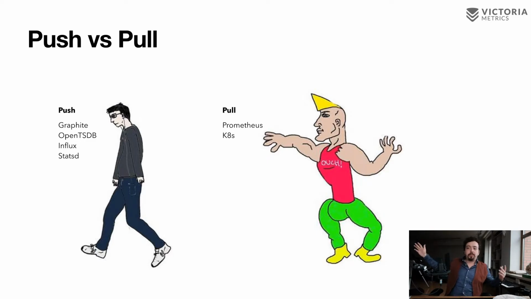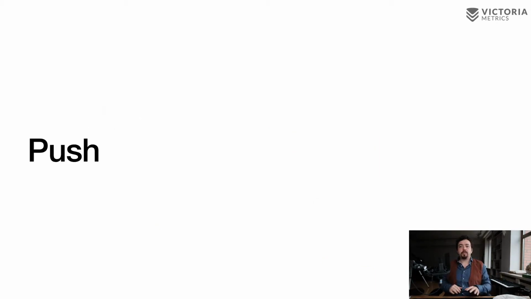And everyone uses Prometheus because it's modern, but not a lot of people think about the differences and about choosing. So let's first understand why Prometheus and pull is so popular. Let's talk about push.